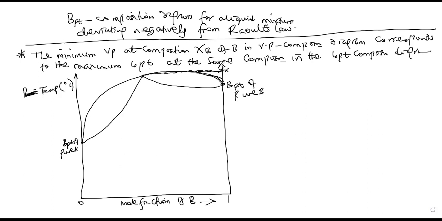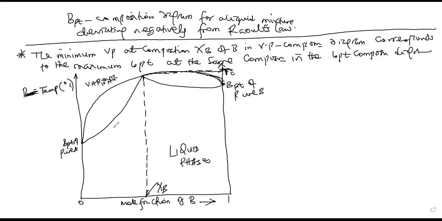Let me call it T degrees Celsius, and that one occurs at composition XB. This is the liquid phase this time, and this side we shall have our vapor phase.